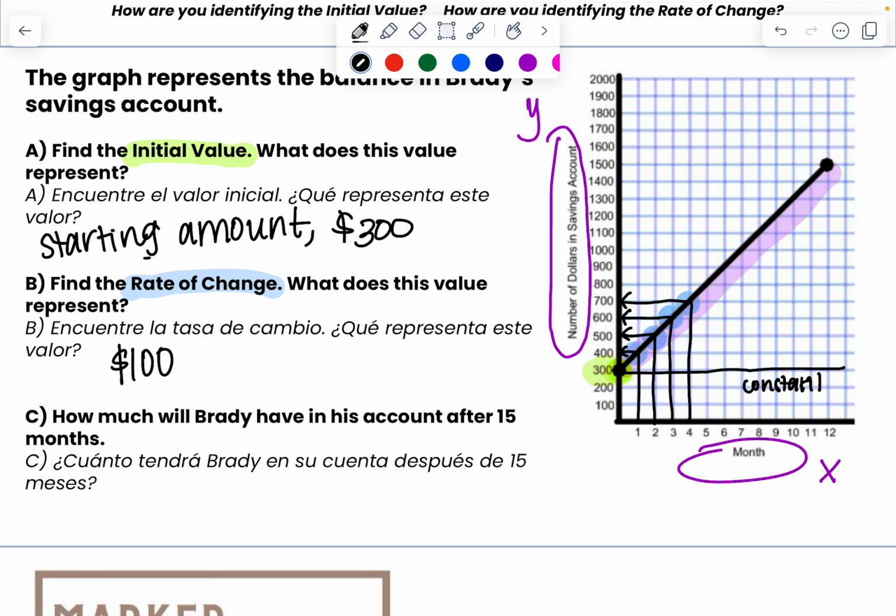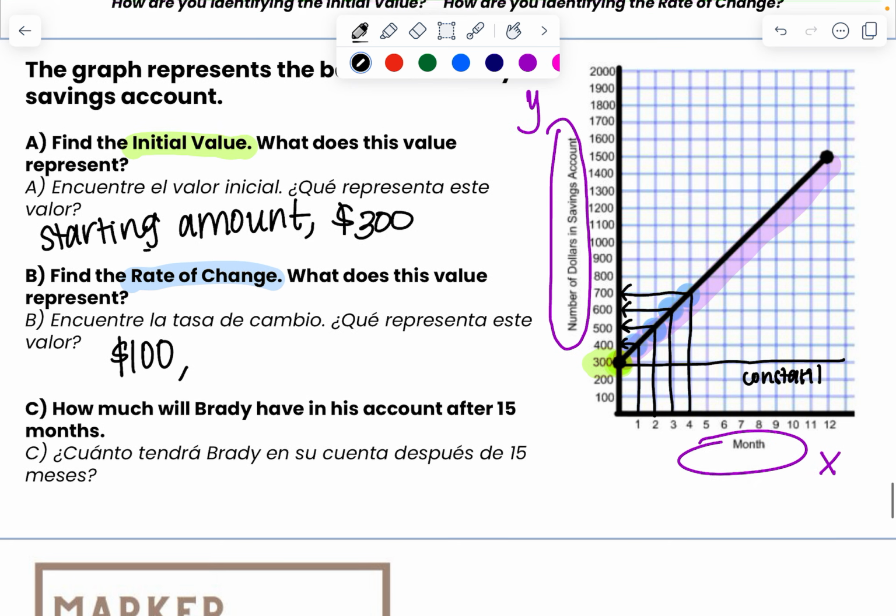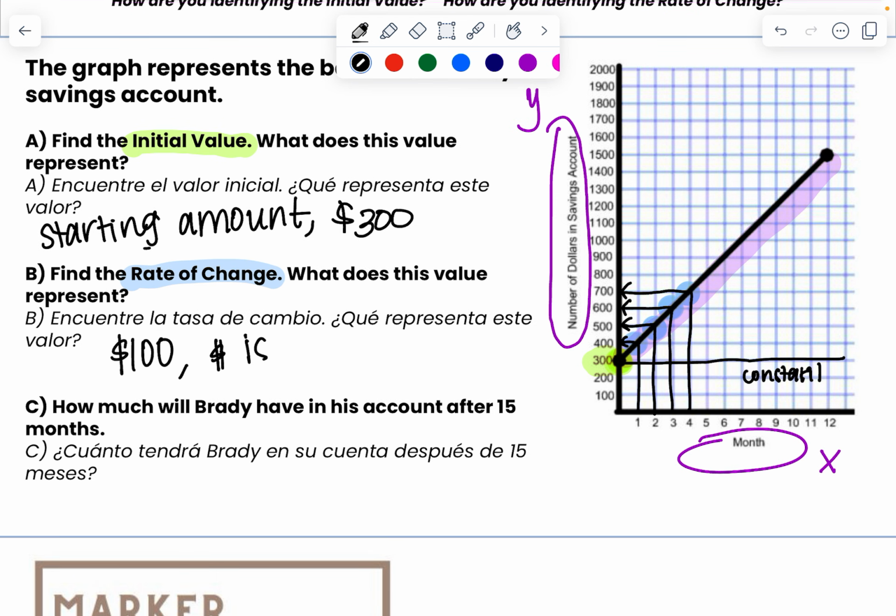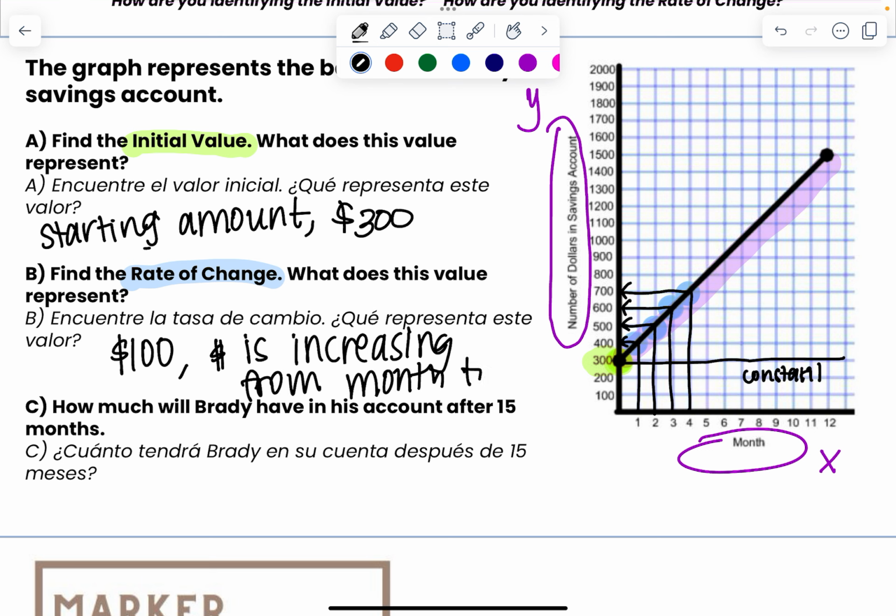So that's his rate of change, and that's how much his money is increasing from month to month. Or I guess I should say how much more money he's putting in his savings account from month to month. And so now that we know that he started with 300 and it's going to keep going up $100 every single month, we can make a prediction, right?